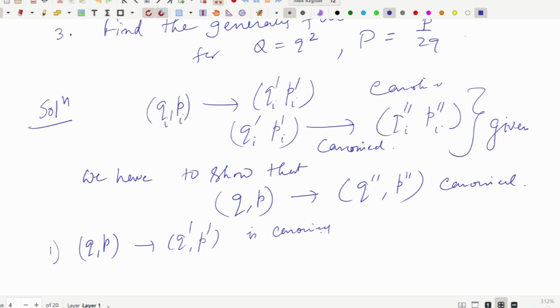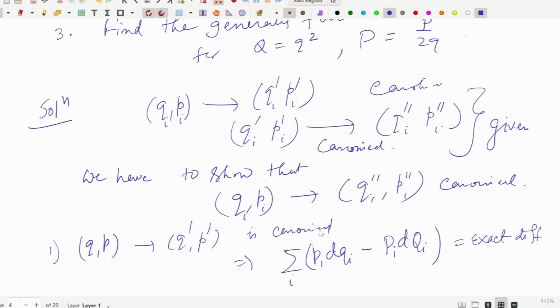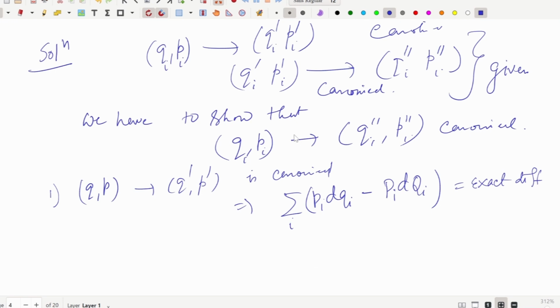Okay. So let us consider, canonical implies the sum over i of Pi dqi minus Pi dQi, summed over all i, is an exact differentiation. So this is equation 1.